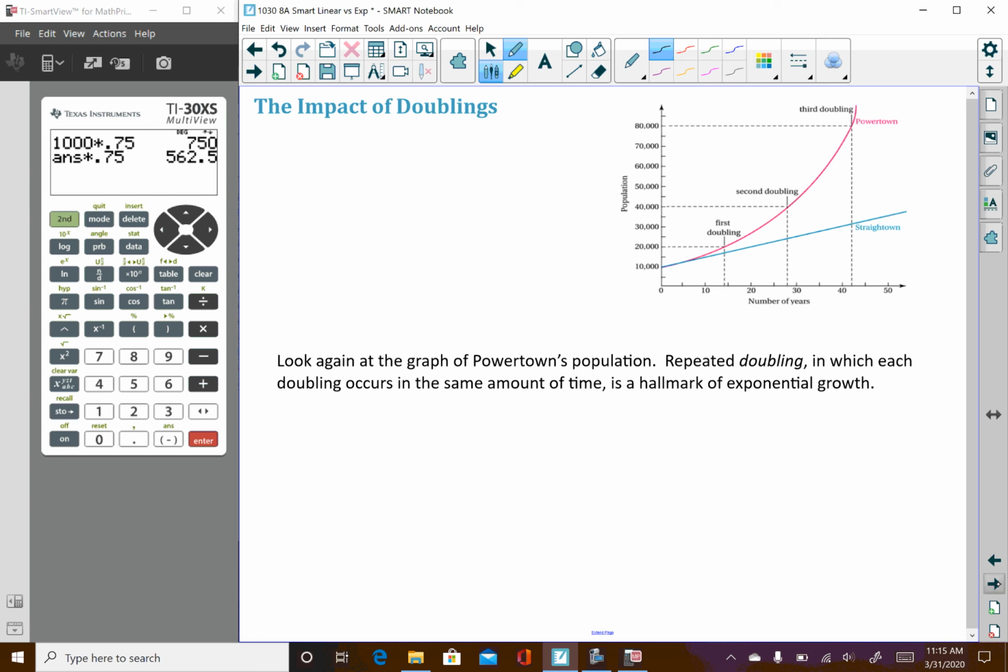So here's our graph from Powertown and Straighttown again. You can kind of see if you look at it that starting with the 10,000 people, the population doubled to 20,000 after about 14 years. And if you look at another 14 years, you can see that it doubled again.